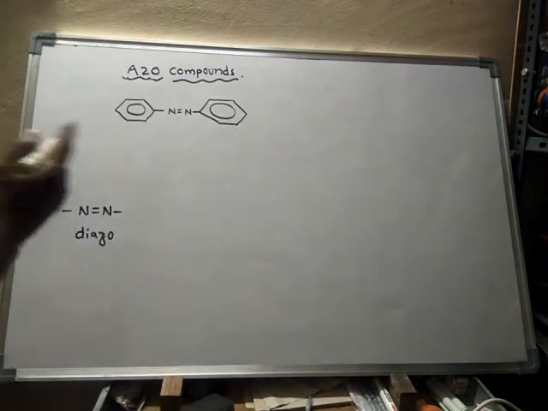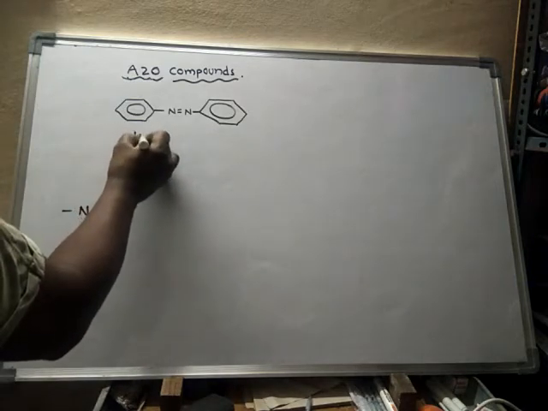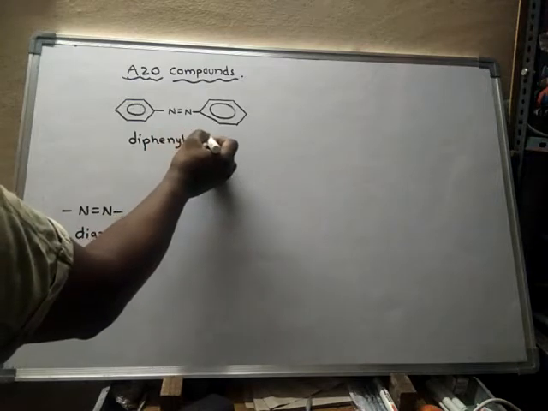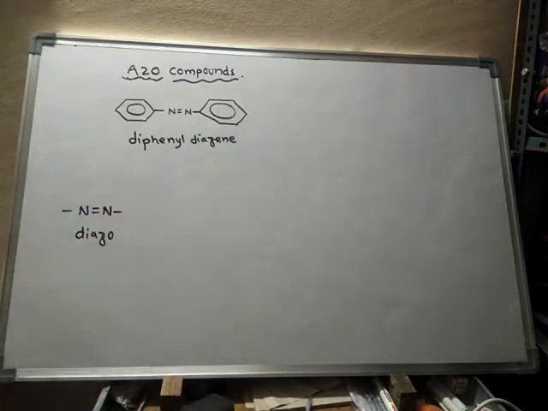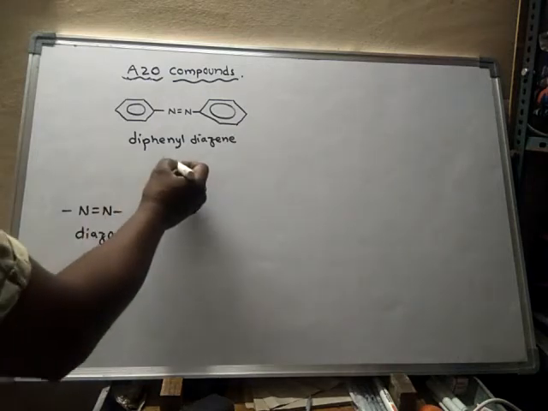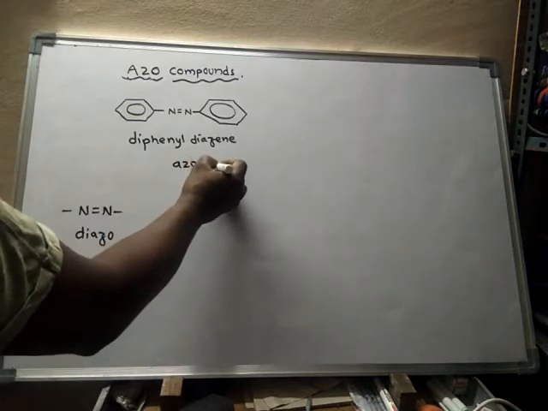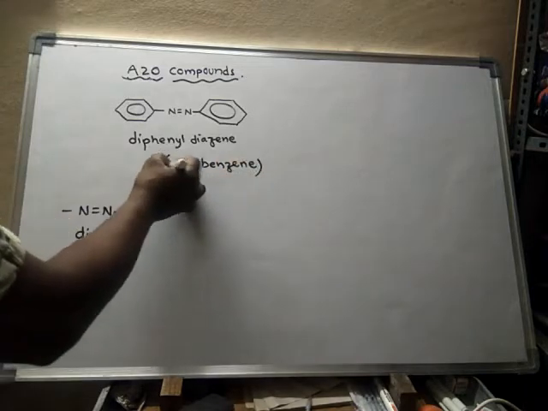So here to this diazo group, two benzene rings are attached, or else two phenyl groups are attached. Hence the name of this one is diphenyl diazine. Okay, diphenyl diazine. Or else simply it is also called azobenzene. Azobenzene is a common name.